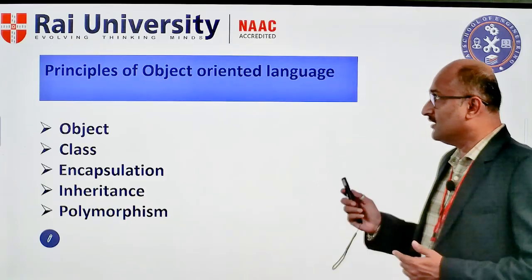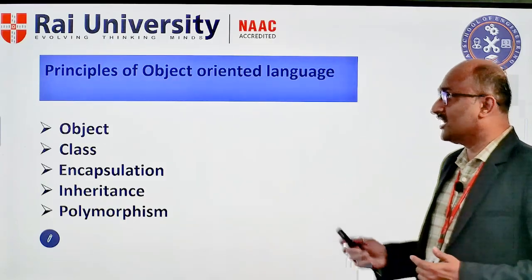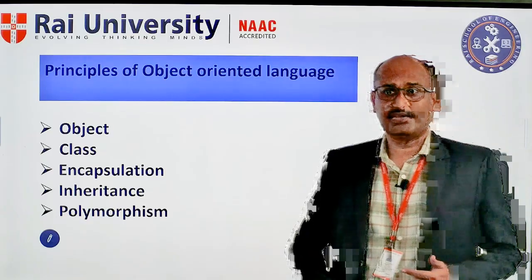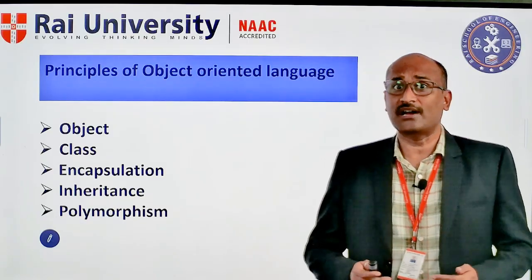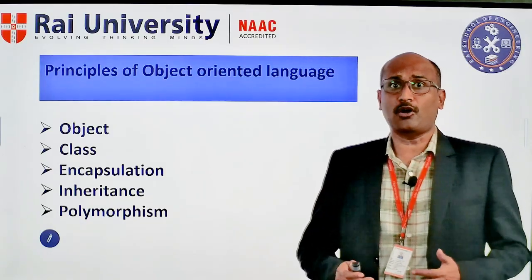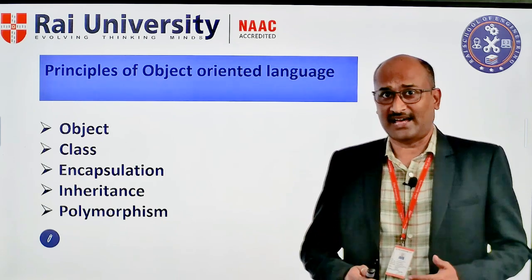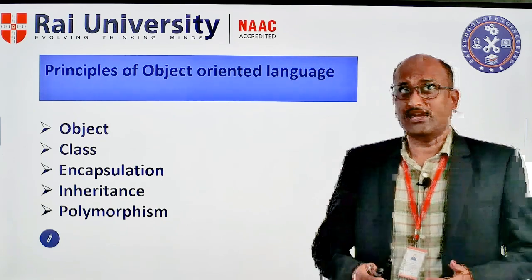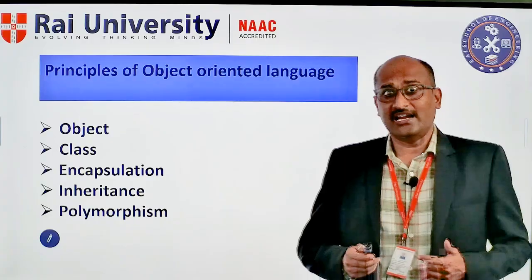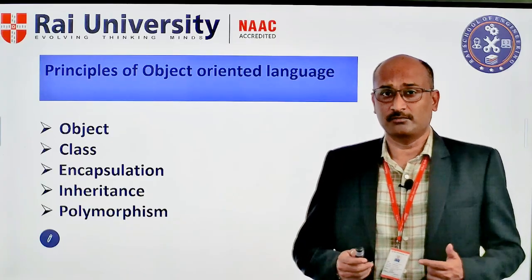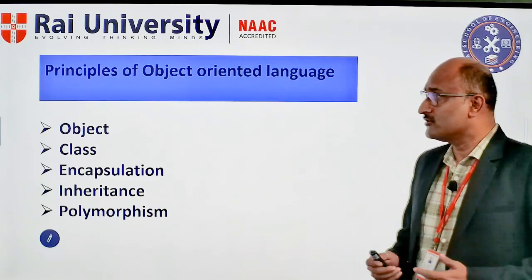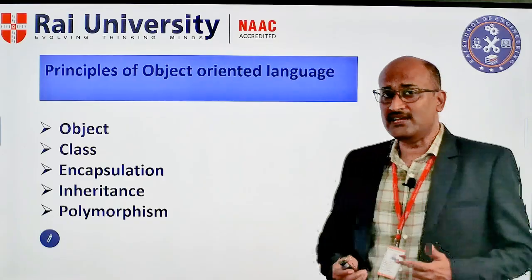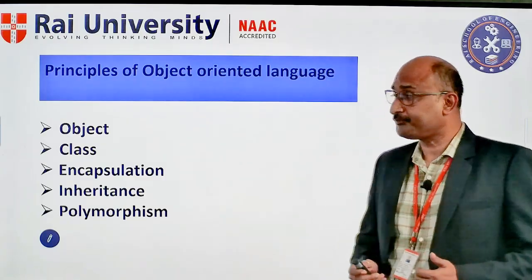So the next topic of the principles is class. A class is made by objects, a group of objects. Into a class you can cover the data and function in one particular class, so basically we should make the class in Java.